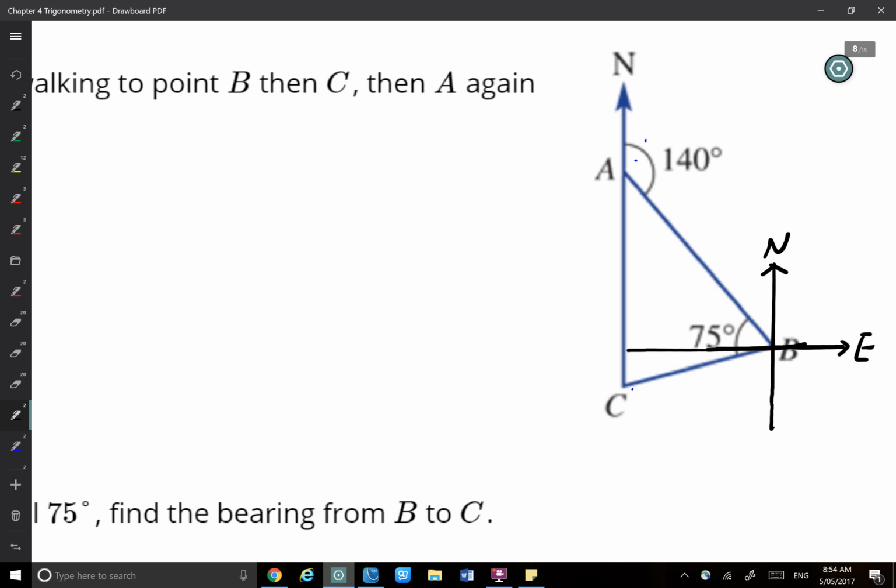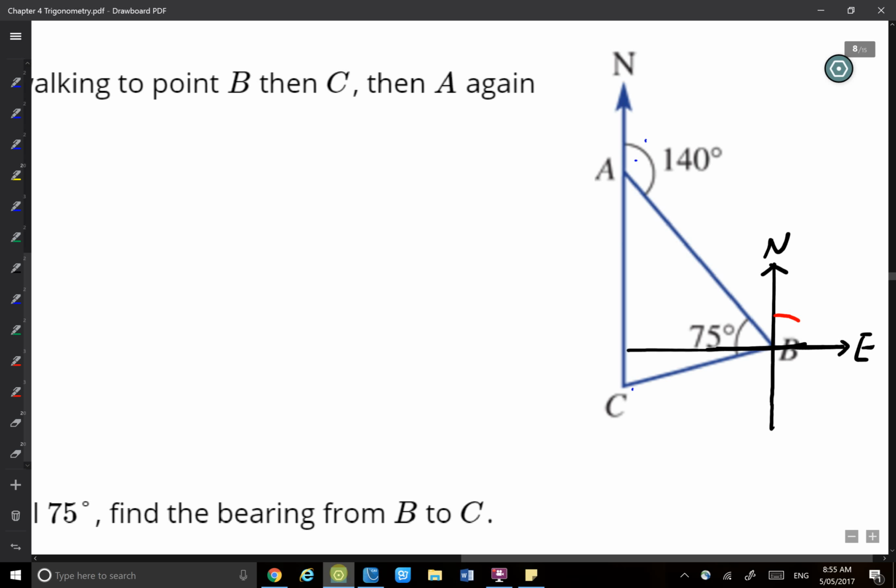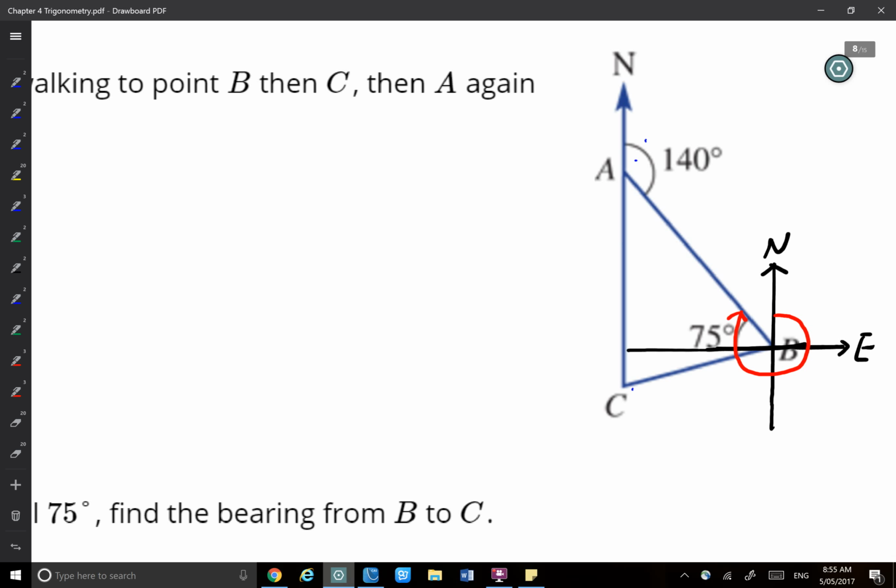From B to A, which is from north until this line here. The whole angle there is from B to A.